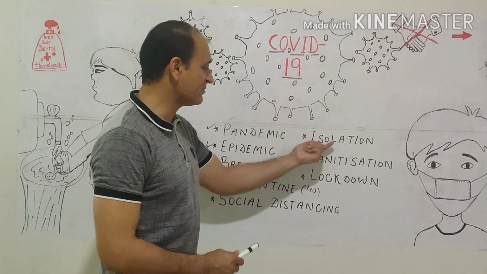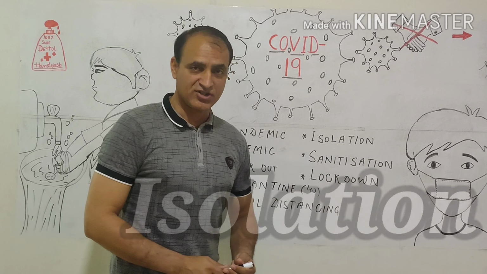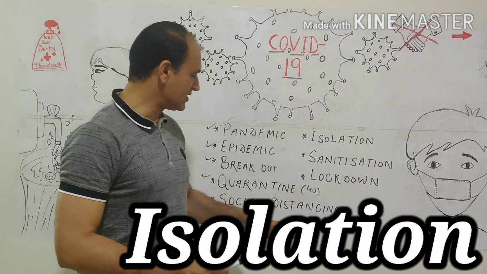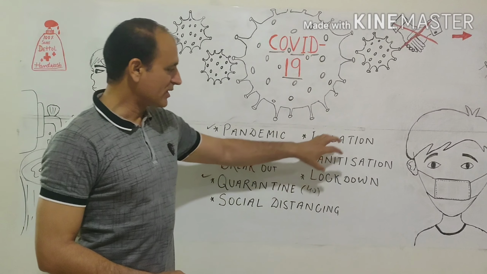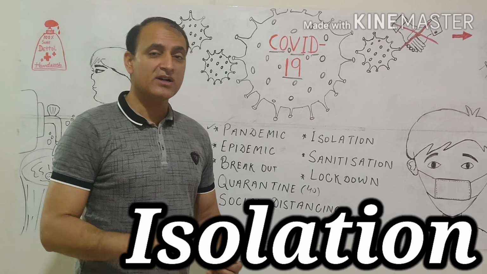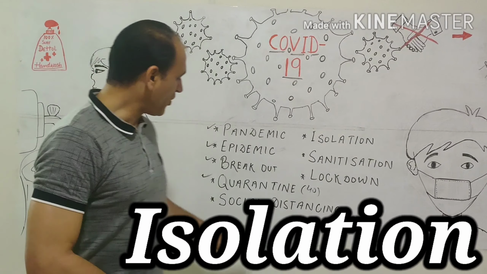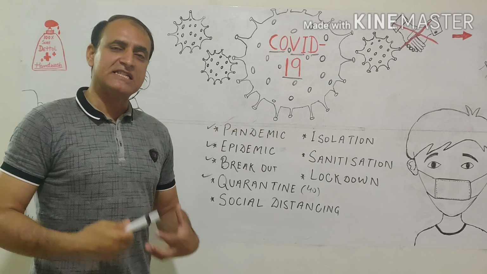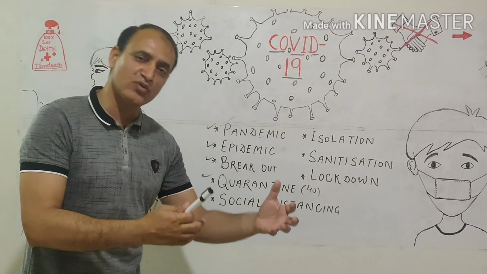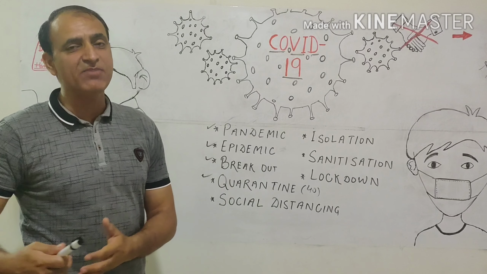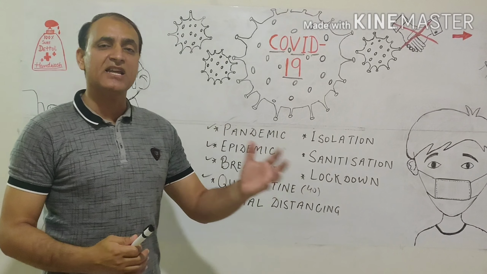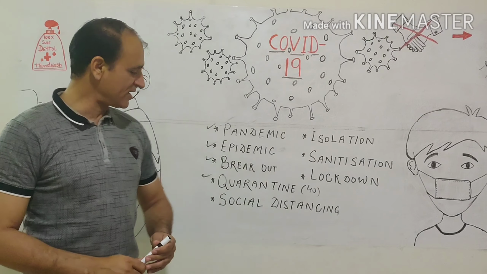Next word, again a synonym to these two phrases, is isolation, and there is a little bit of difference between quarantine and isolation. When we use the word medical isolation, quarantine is self-imposed discipline, when we disconnect ourselves willingly from society and keep away when some contagious and infectious disease is spreading.